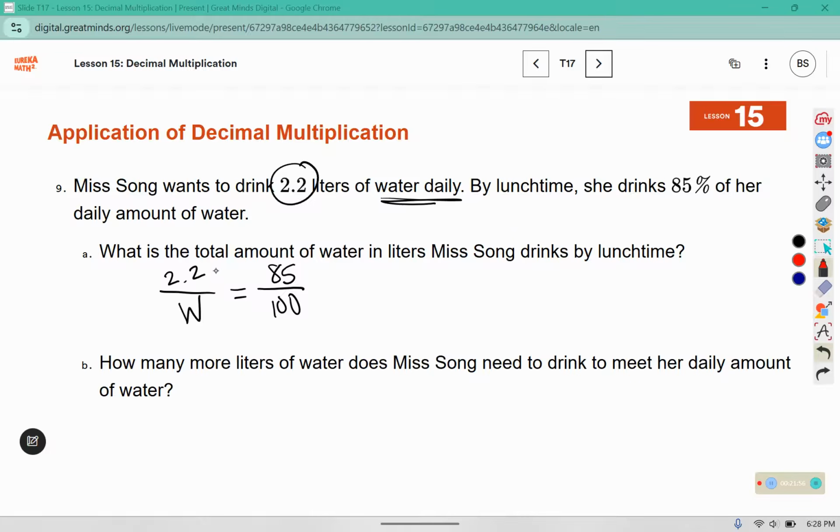So we're going to cross multiply 2.2 times 100. This is with 1 decimal spot. Should be 220. And then we divide by 85.